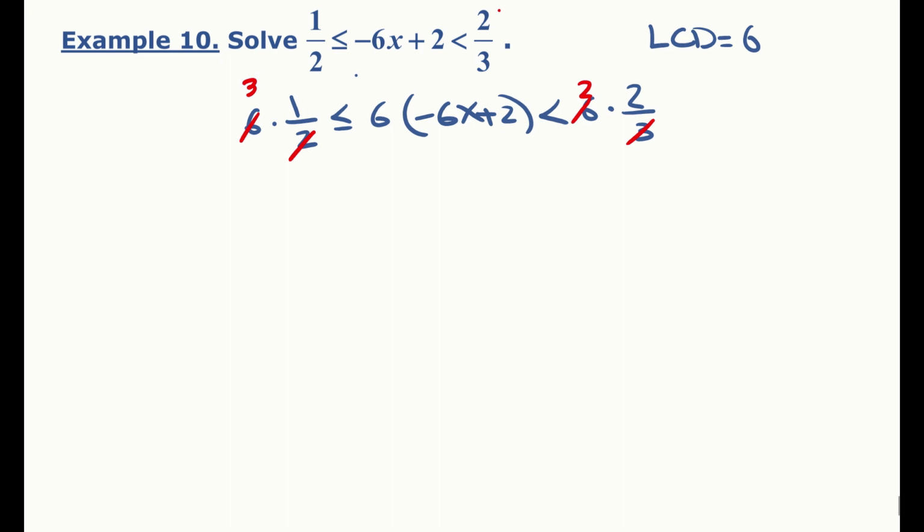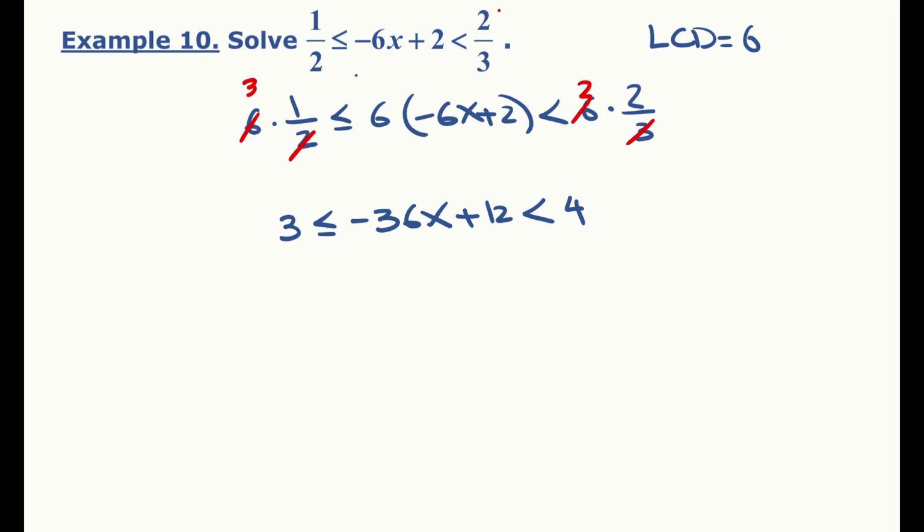So we notice that we end up with 3 less than or equal to 6 times negative 6 is negative 36x, and then 6 times 2 is 12, so you get plus 12. Of course, that is 6 times negative 6x, not just negative 6. All right, and then less than 2 times 2, which is 4.